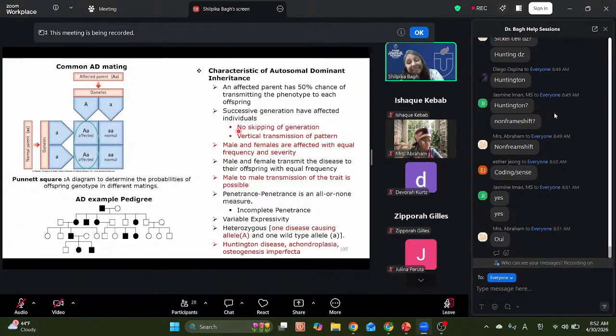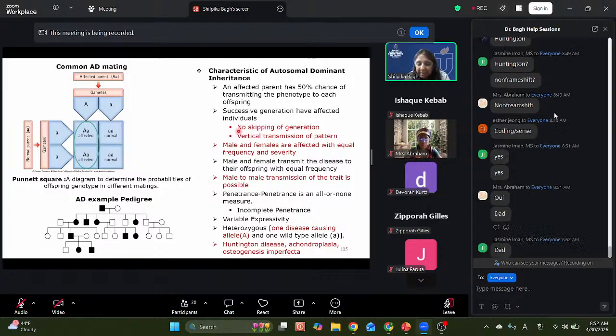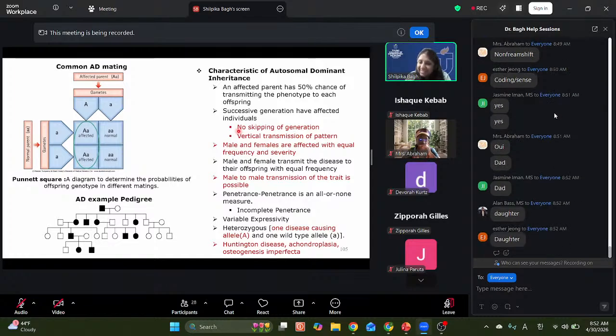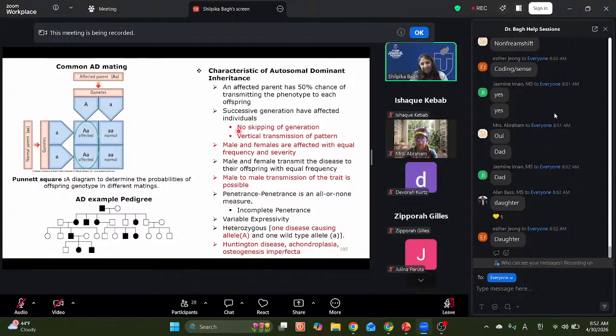When you go to X-linked recessive, only one parent has to carry the mutant allele. Who can be a carrier here? Mom, and not dad. Dad is not a carrier. Mom and daughters can be carriers. Sons are affected. In autosomal dominant, you only need 1 mutant allele to express the phenotype.